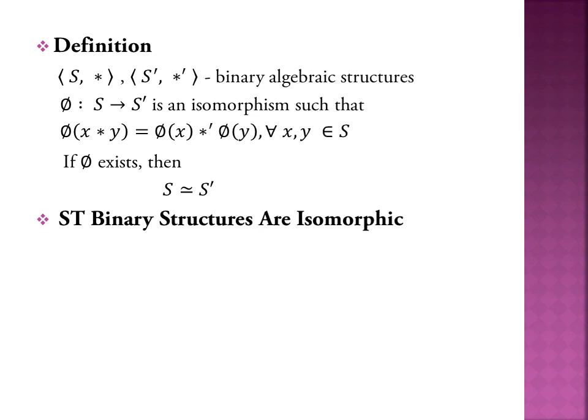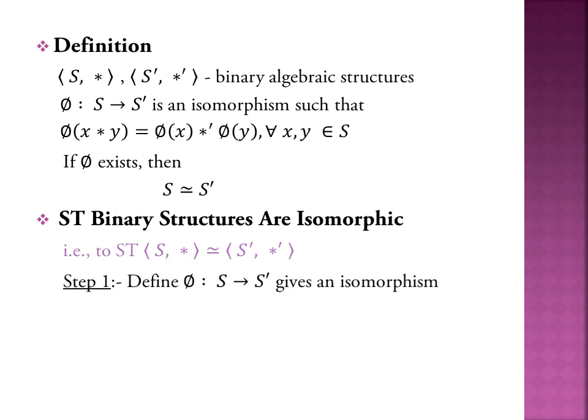So I will give an outline showing how to show that two binary structures ⟨S, star⟩ and ⟨S', star'⟩ are isomorphic. Step 1: define the function phi that gives the isomorphism of S with S'.